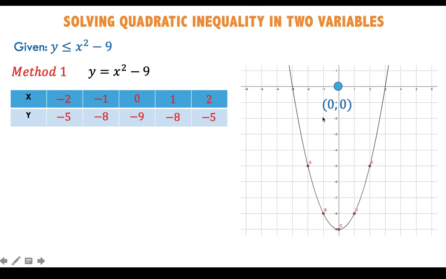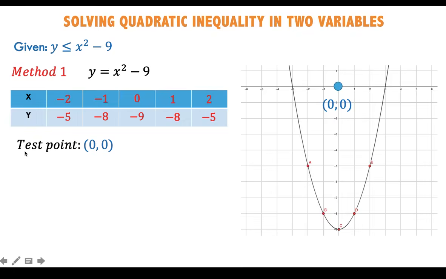Now, we're going to test if this inequality will make it true. If it is true, it means the solution lies inside the parabola. But if the inequality says that it is false, it means the solution is located outside the region of this parabola.